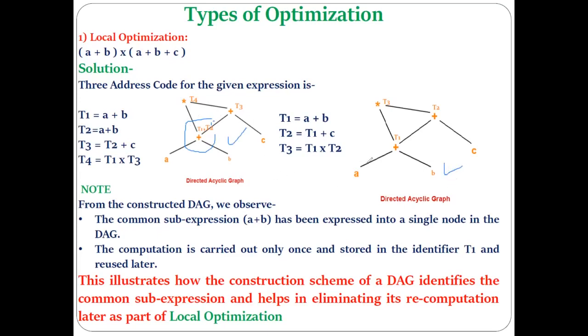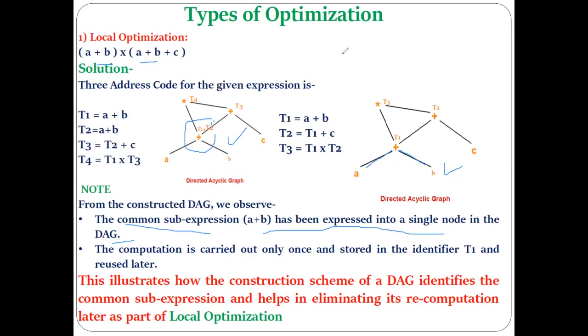As I have mentioned, the common sub expression A plus B has been expressed as a single node in the DAG. Even though it is repeated two times, in the case of a DAG it is represented using a single node only. Understood? So in this way, the directed acyclic graph helps us do local optimization.